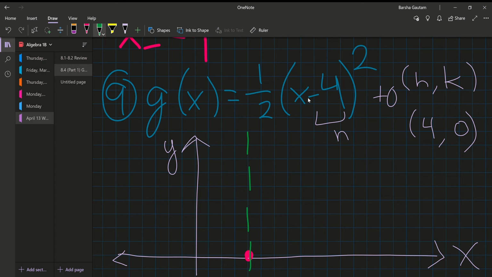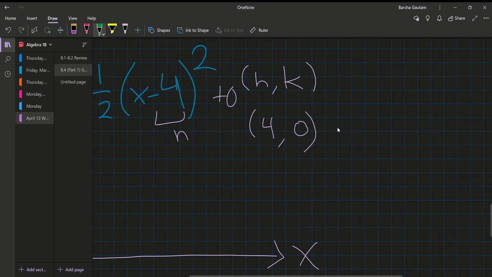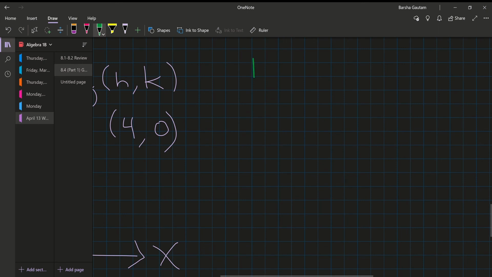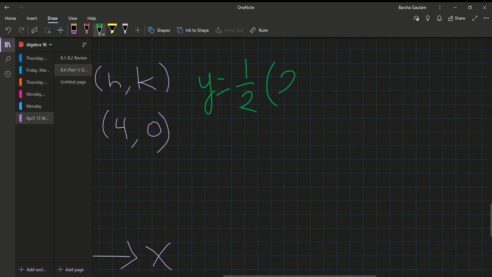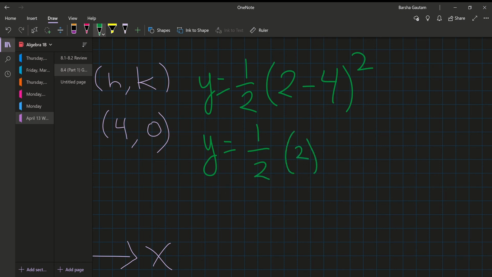We're going to try plugging in 2. Let's do the work over here actually. So 1/2 y is equal to 1/2 x minus 4. We're going to replace x with 2. We're going to try 2. 2 minus 4 is negative 2, to the power of 2. 2 squared is 4.